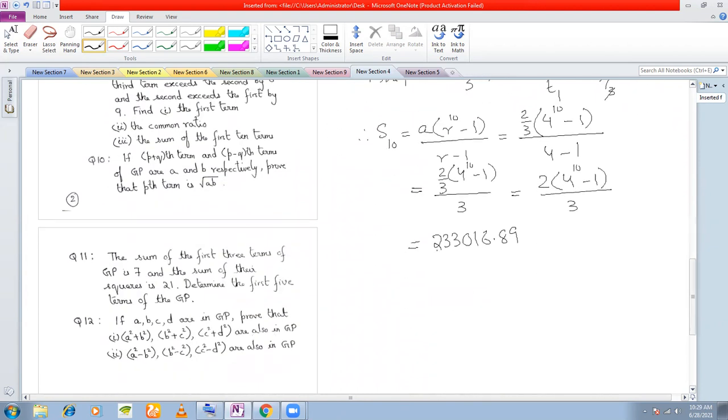So we need only till these 3 significant figures. So we can write this as 233,000, correct to 3 significant figures. Clear with this question? I'll stop here.